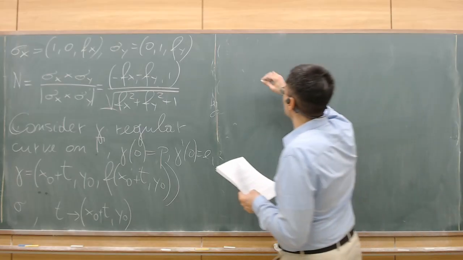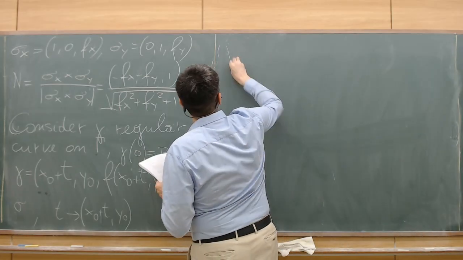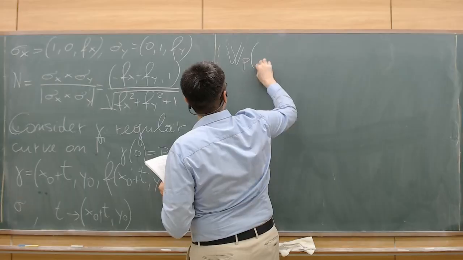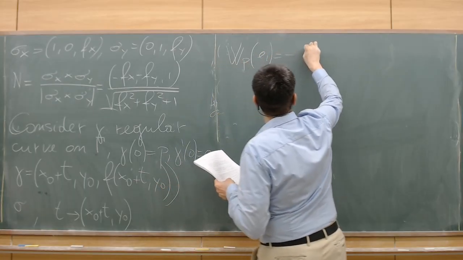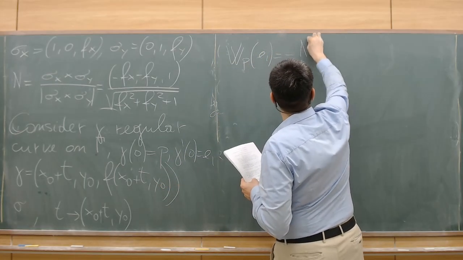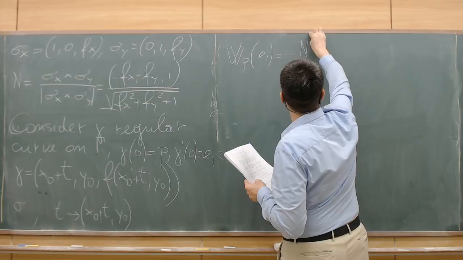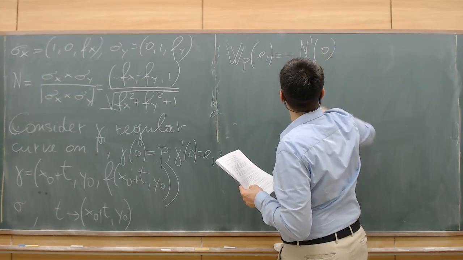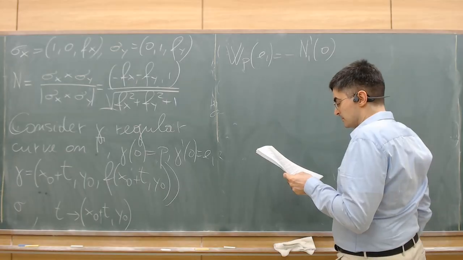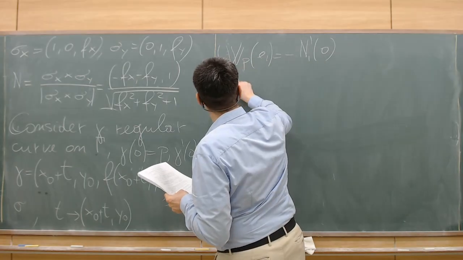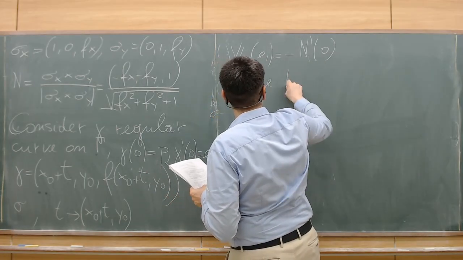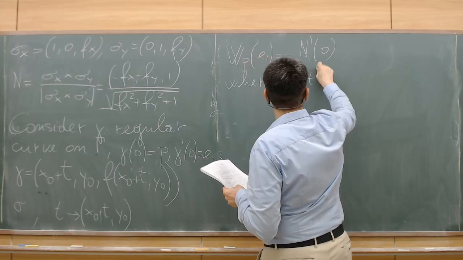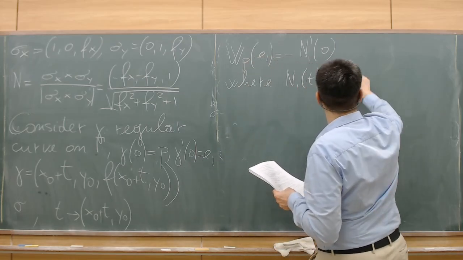So we have that WP E1 is minus n1 prime of 0, where n1 of t is n composed with gamma of t.